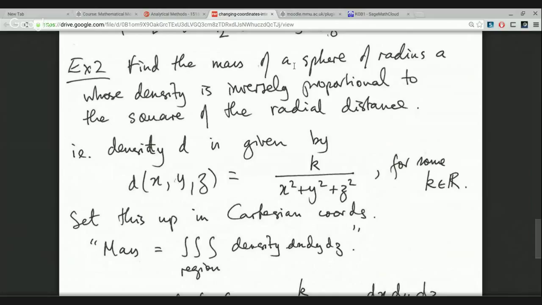Okay. So I'll just switch over. So it's example 2 from last time. So we want to work out the mass of a sphere of radius a, whose density is inversely proportional to the radius squared.